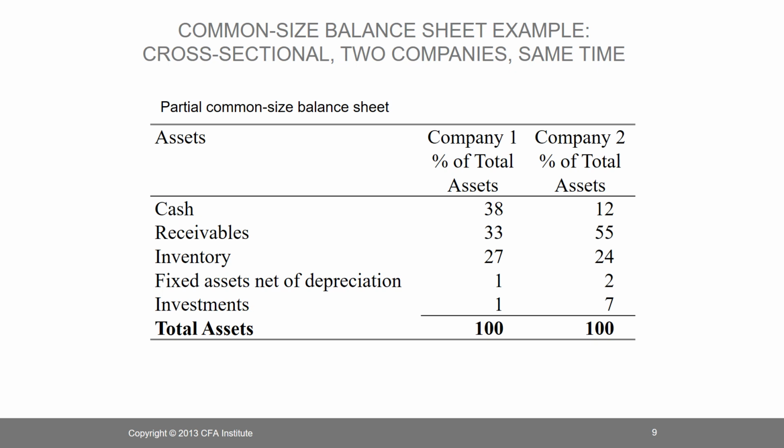Another issue highlighted by the comparison in this example is the relatively high percentage of receivables in Company two's assets, which may indicate a greater proportion of credit sales, overall changes in asset composition, lower credit or collection standards, or even more aggressive accounting policies.